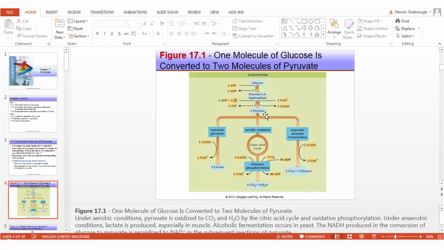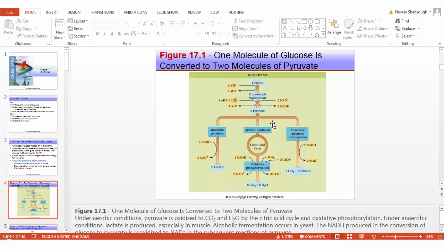Now, in the absence of oxygen, however, pyruvate undergoes the so-called anaerobic glycolysis, and this occurs in the muscle. The more common fate of pyruvate is its reduction to lactate in the muscle, whereas in some organisms like yeast, which undergo the so-called alcoholic fermentation, pyruvate is converted first into acetaldehyde and then into ethanol plus CO2.